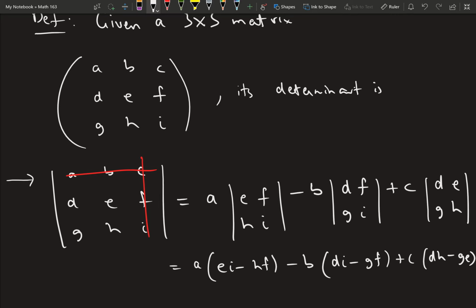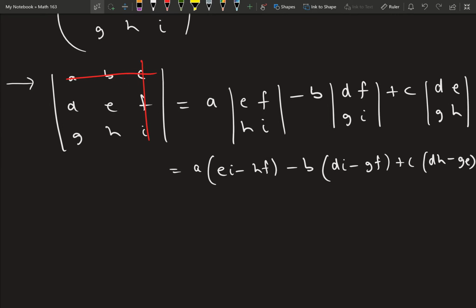Okay, so this is the determinant of a 3 by 3 matrix.